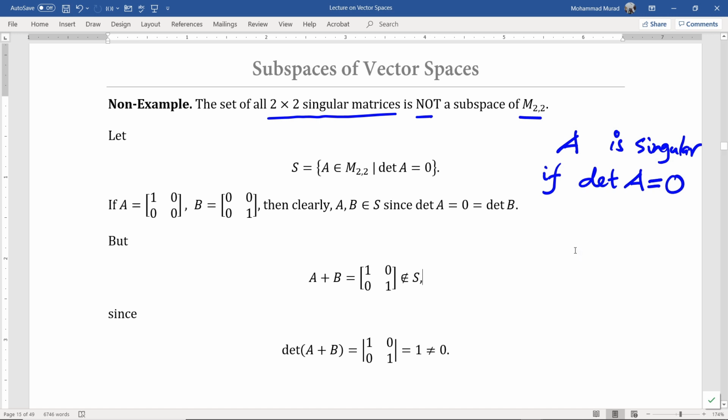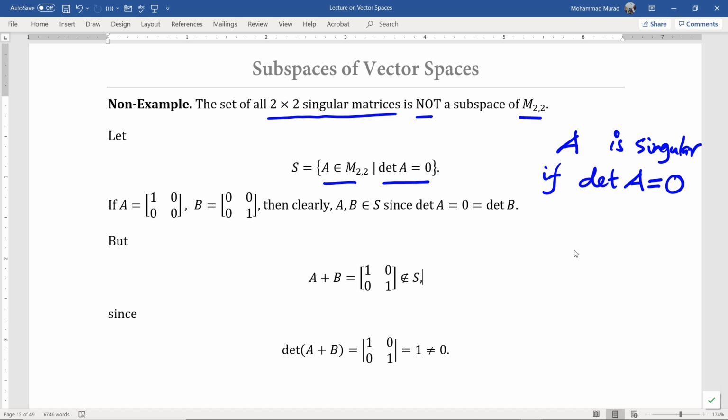In other words, if A is a non-invertible matrix. So S is the set of all matrices in the set M sub 2,2 such that its determinant is equal to 0.